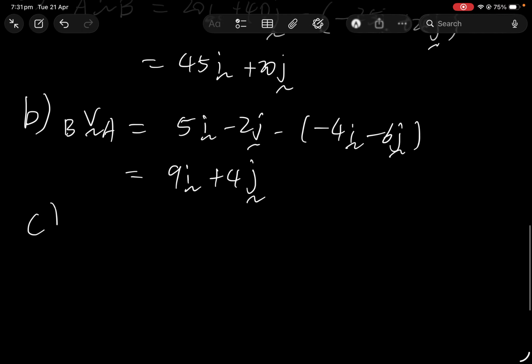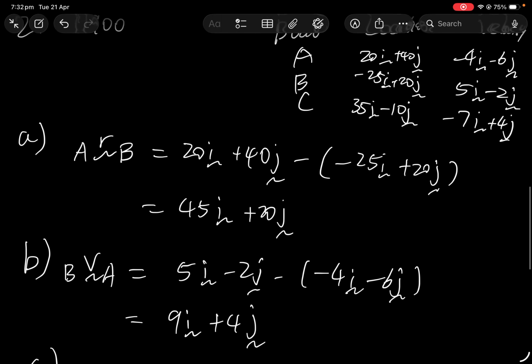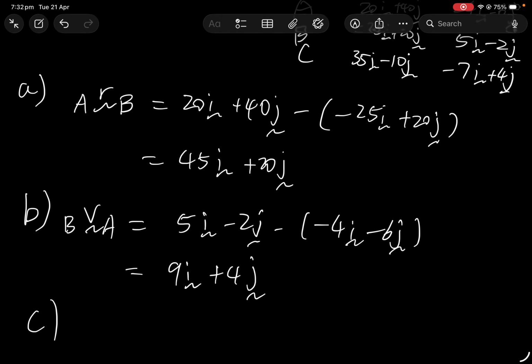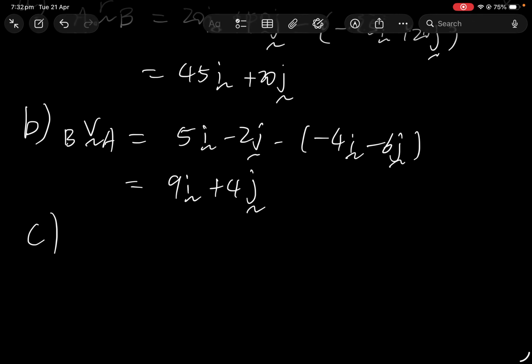And question C says use your answer in part B to determine what time B will meet A. So basically, A relative to B calculates how far A is from B, and B velocity relative to A is how fast B is approaching A. So technically, we can use these two vectors to find out how long until the vector will go over the path of the distance.